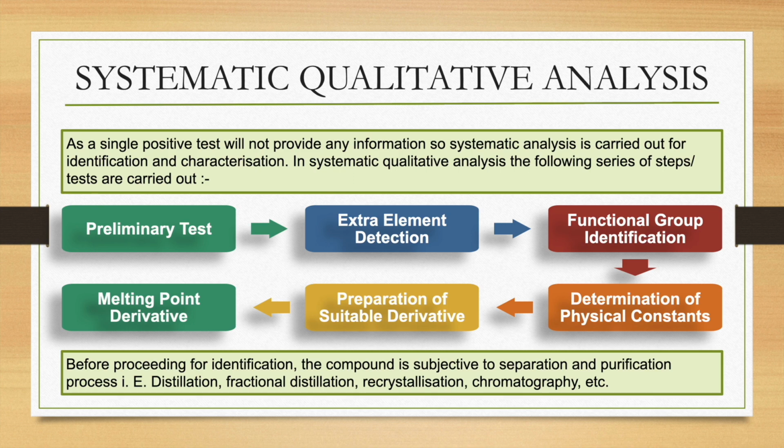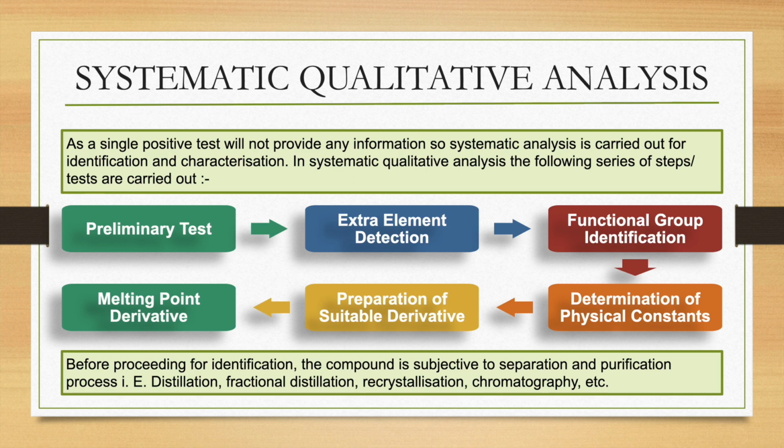Then comes the third step, that is functional group identification. Now, as we all know, how to identify a functional group like alcohol, carboxylic acid, amides, amines, and many more. Then comes the fourth step, that is the determination of physical constants. In this, we basically determine the melting point and the boiling point of our compound with the help of Thiele's method, electric method, like that.